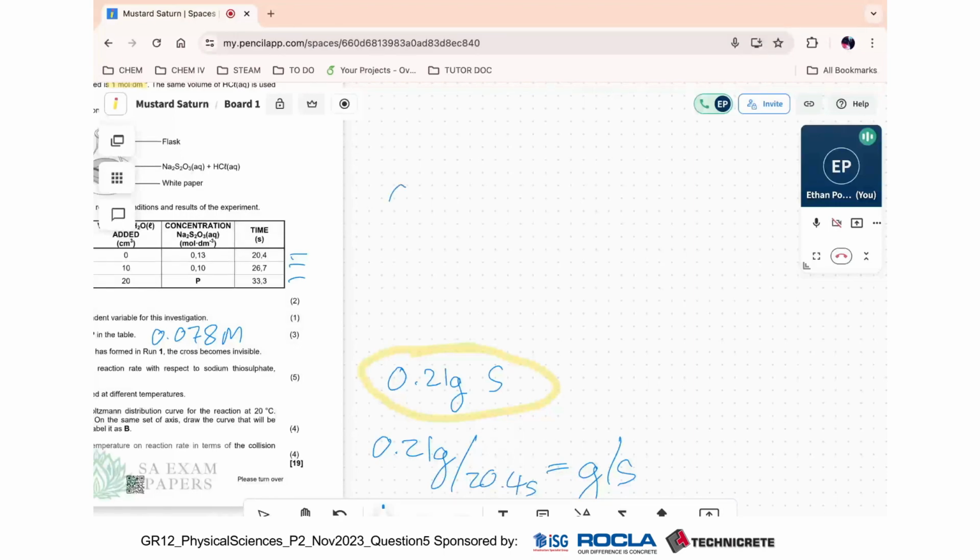And that gives us a rate of roughly 0.001. Let's just keep 4 significant figures for now. Okay, grams per second. And then for the next one, we have 26.7, which gives us 0.0009363.